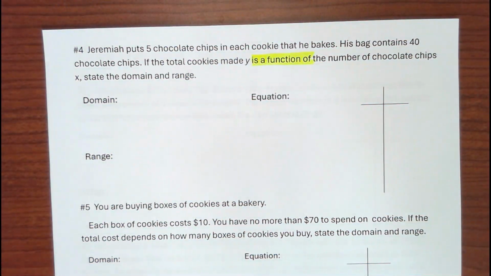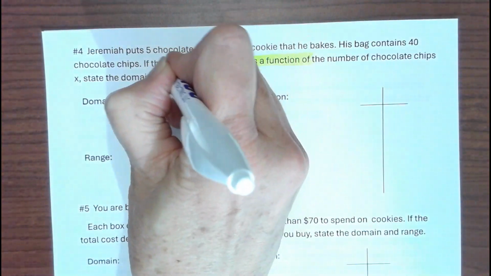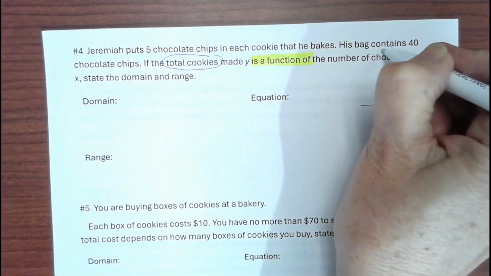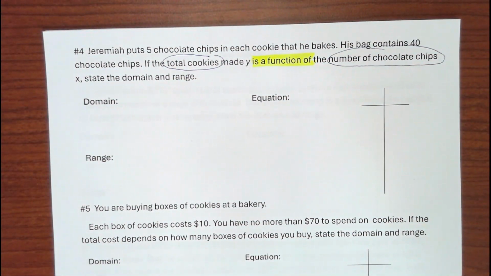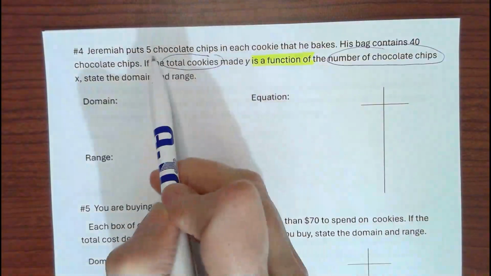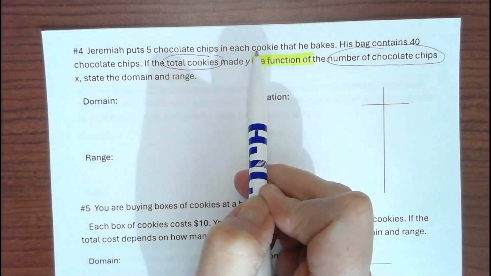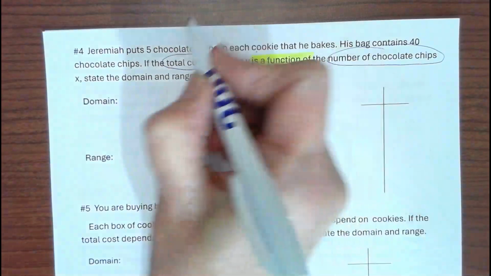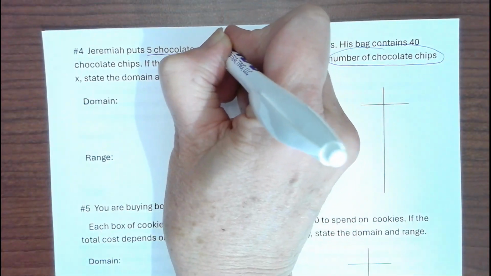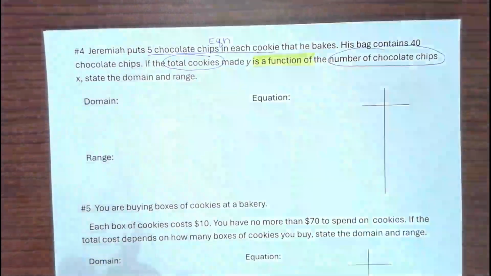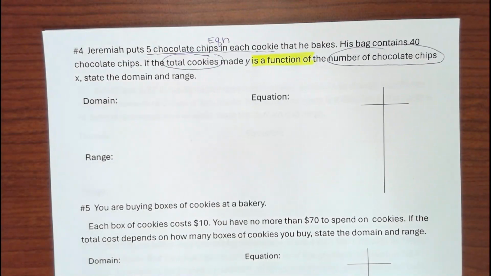So your relationship is going to be total cookies and number of chocolate chips. So just kind of helping you out. 5 chocolate chips per cookie. This is going to help you write your equation. You're going to use this to write your equation. And you should be good to go from there.